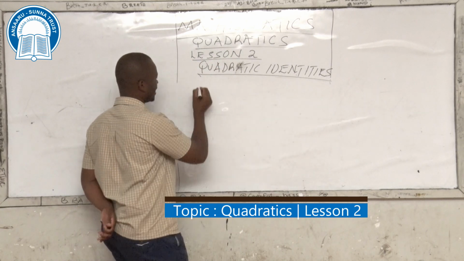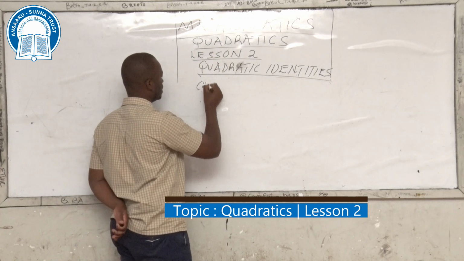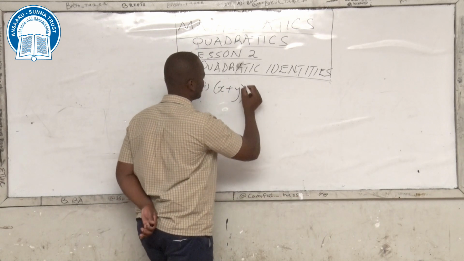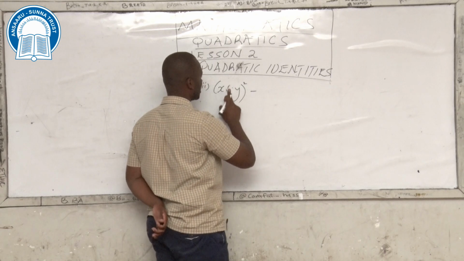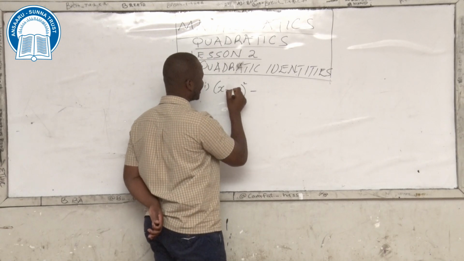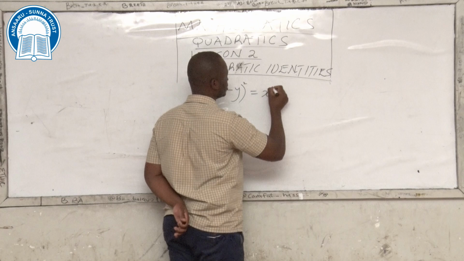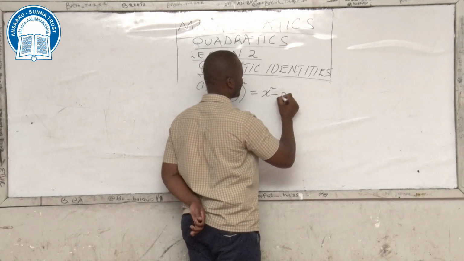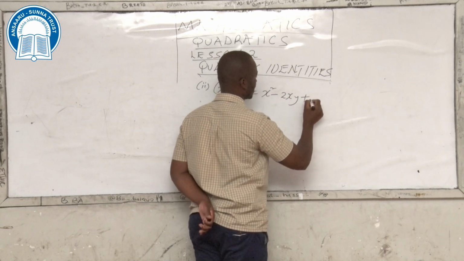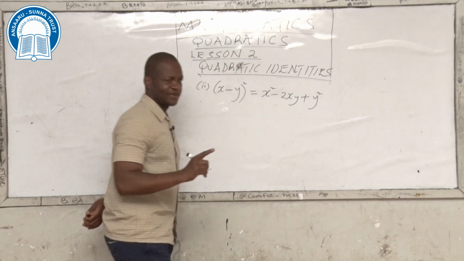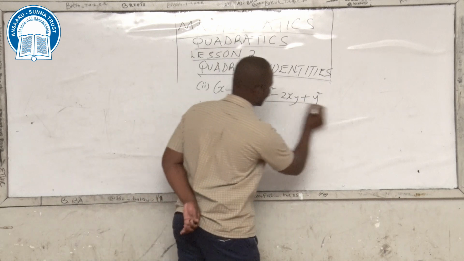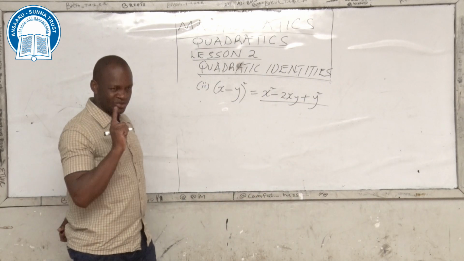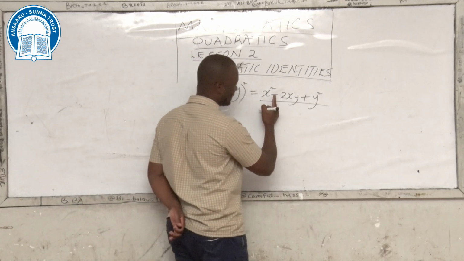Now, the second quadratic identity is given by x minus y squared is equal to x squared minus 2xy plus y squared. If you're keen, the outcome is similar to the one of the first quadratic identity with one difference. We have a minus here.